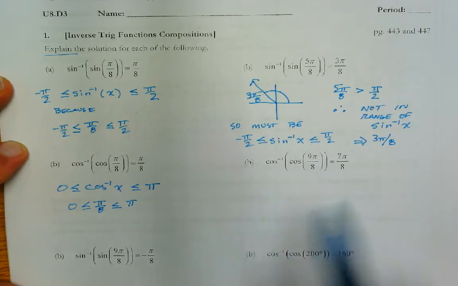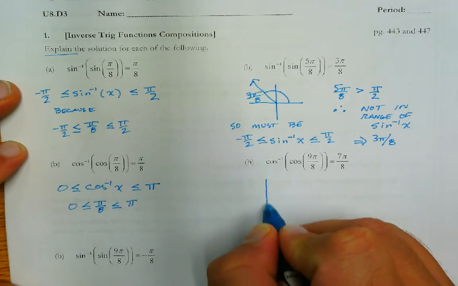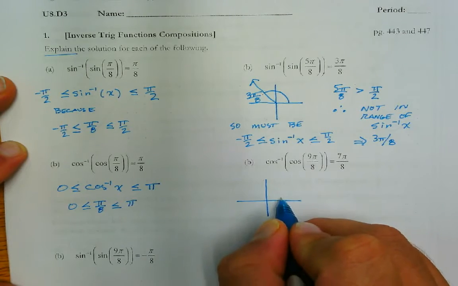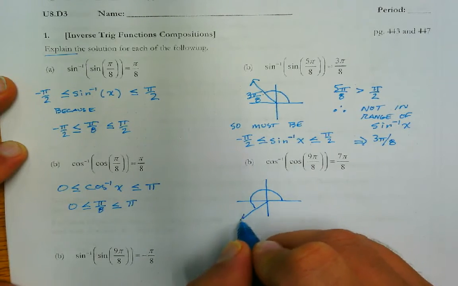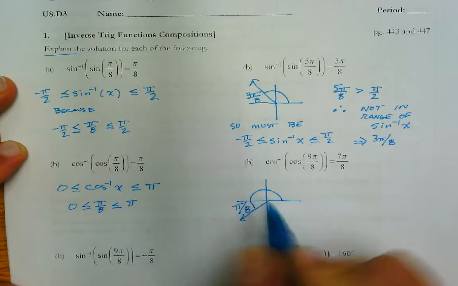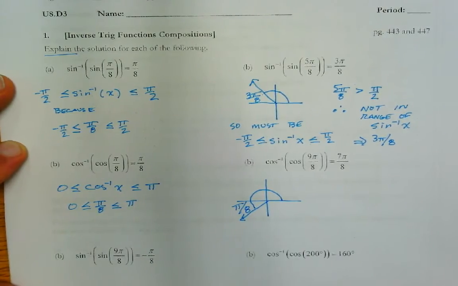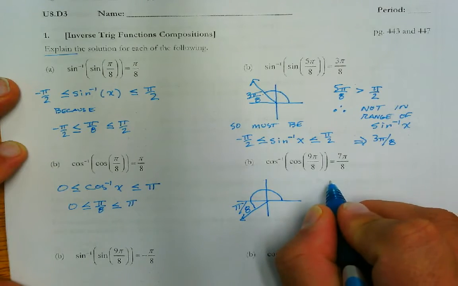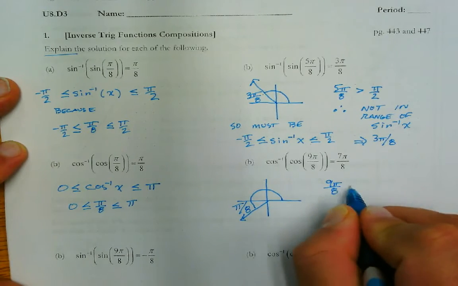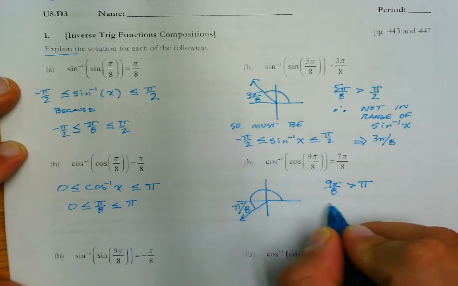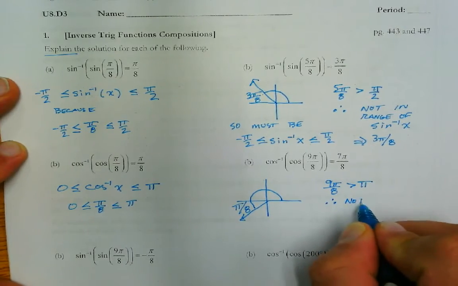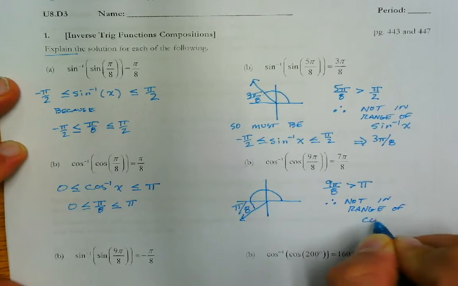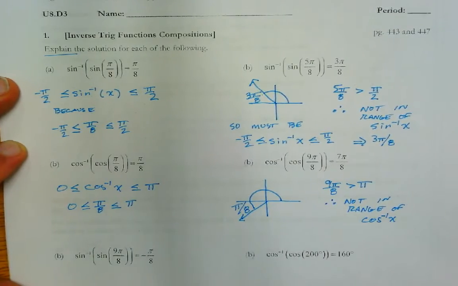For this situation, we have 9 pi over 8. If I consider 9 pi over 8, it's just a little bit past pi, with the reference angle of pi over 8. As 9 pi over 8 is greater than pi, it is not in the range of the inverse cosine of x.